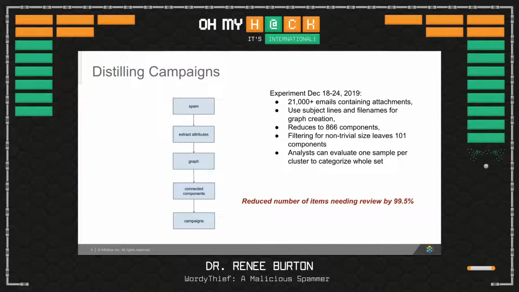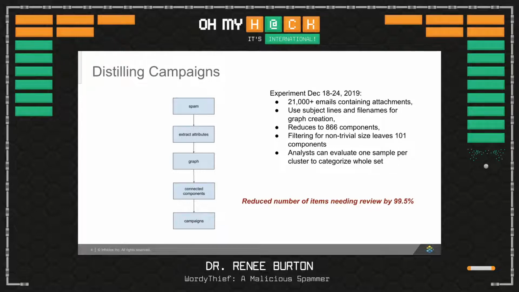And now, because our hypothesis is that each of these connected components represents a single spam campaign, many of which will be malicious, some of which will not be, then our analysts only have to look at one file within each of these connected components.